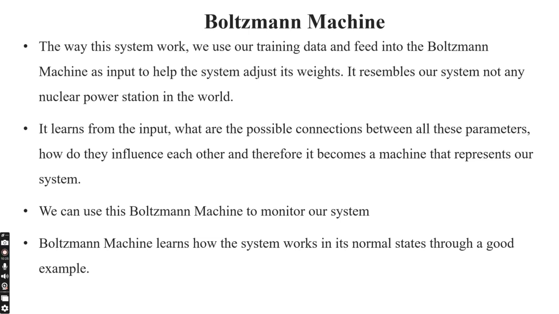So in social media, many people are watching the movie and they are giving their own information about the movie. All this information is given as training data for a Boltzmann machine. Then the Boltzmann machine analyzes this information from lakhs and lakhs of people, and it regenerates the patterns between the data, the relationship between the data, and finally comes to a conclusion about whether the movie is watchable for a particular age, the rating of the movie, whether to watch or not.